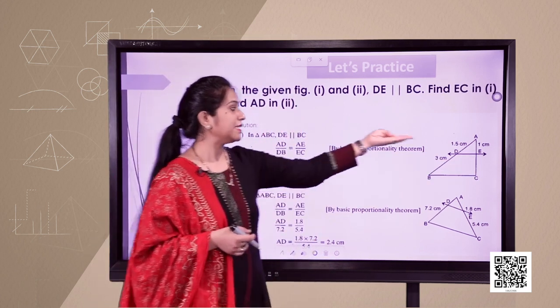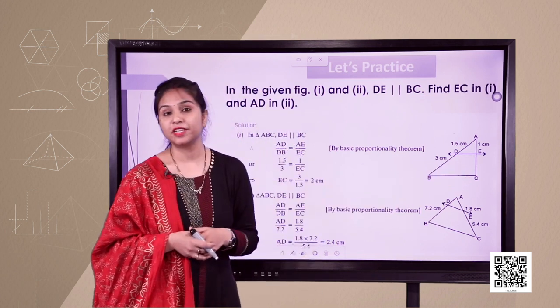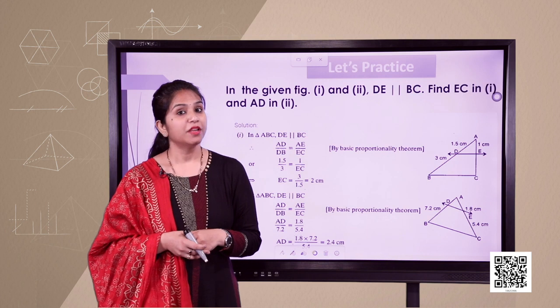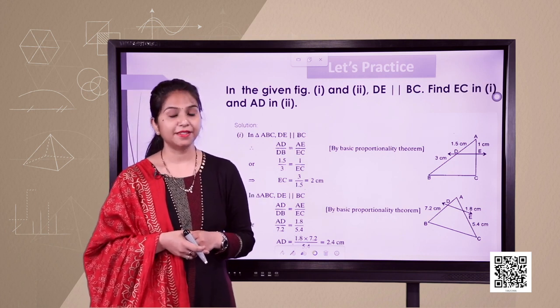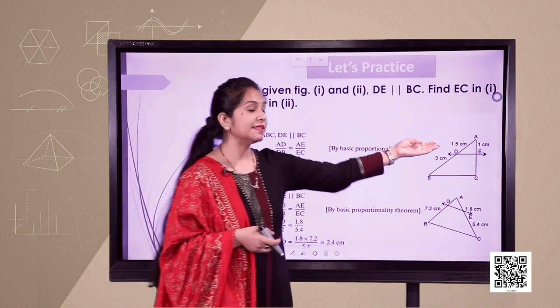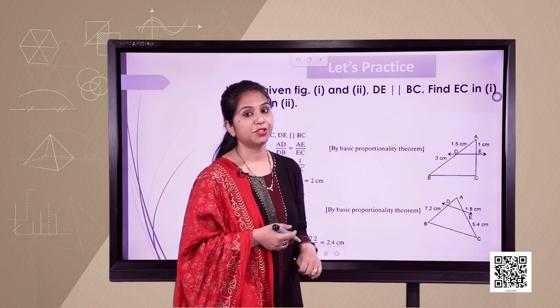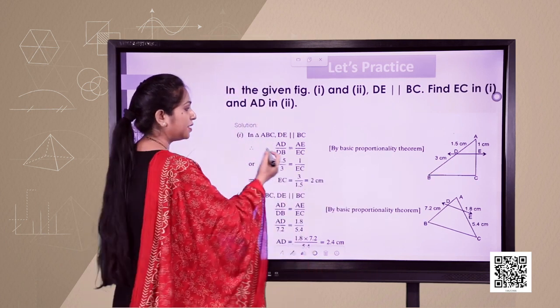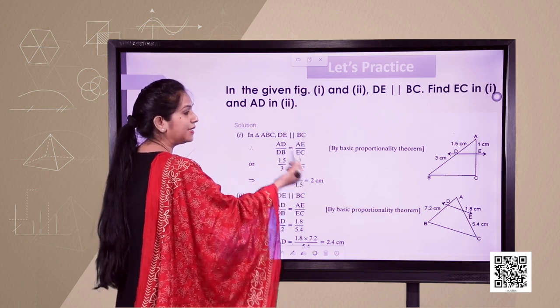Now children, this DE is parallel to BC, this is given to you. So what can we use here? We know when 2 lines are parallel in a triangle, then we can use the basic proportionality theorem, and as per the theorem, when the lines are parallel, the other 2 sides are divided in an equal ratio. So we can write AD upon DB is equal to AE upon EC.